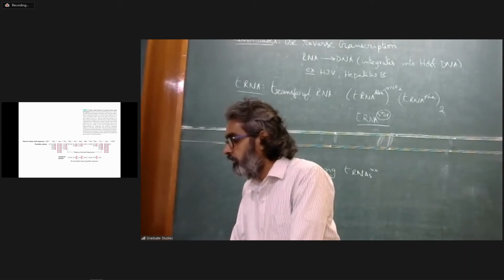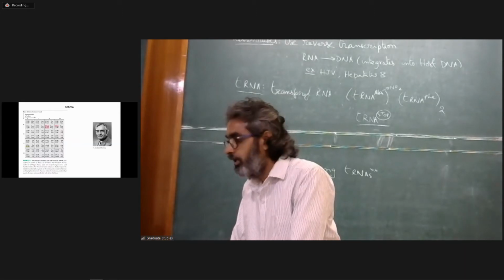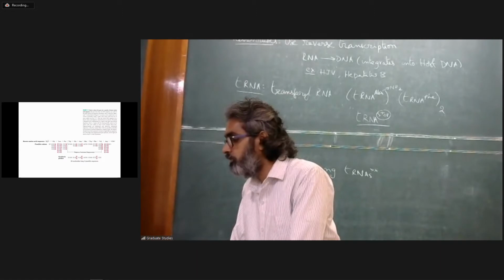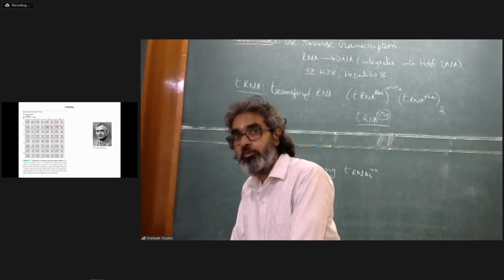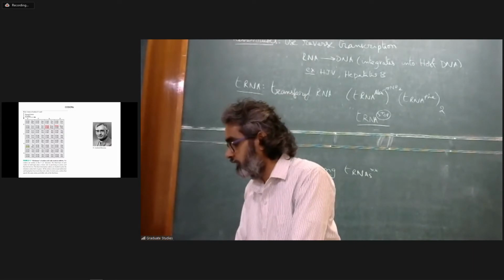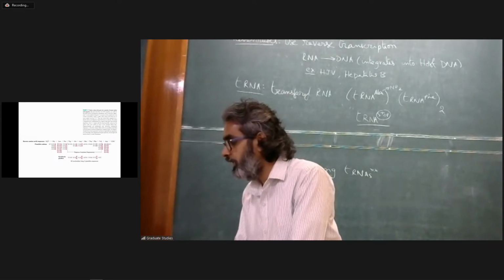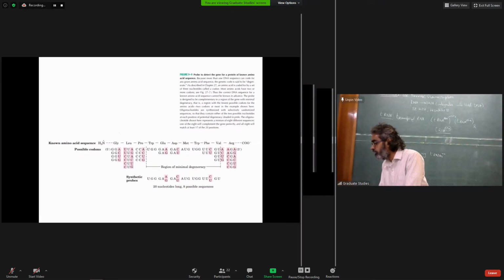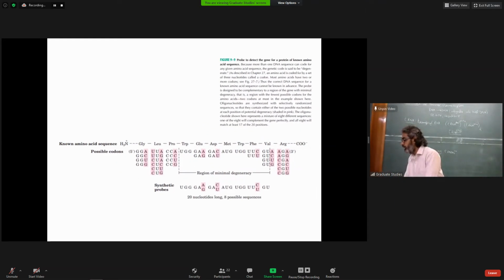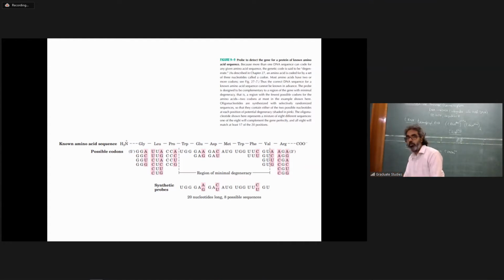From this table you can write the possible templates which might have been used to get this protein sequence. For example, leucine has 6 codons, so all are added. For every amino acid below, the possible codons are added.